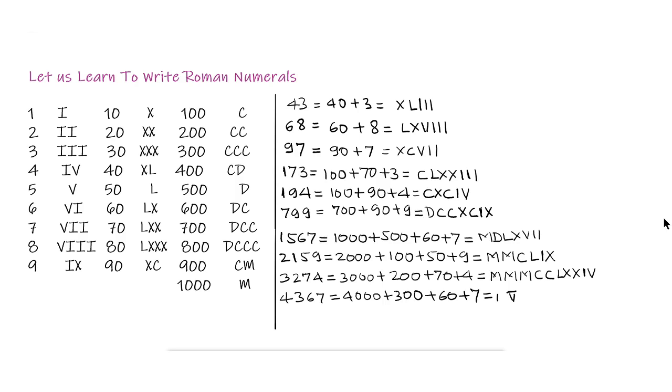So this becomes 5000 minus 1000, this is 4000, M V-bar, and the bar is on V only. So M V-bar is 4000. Now 300 is CCC, 60 is LX, and 7 is VII. So 4367 is M V-bar CCCLXVII.